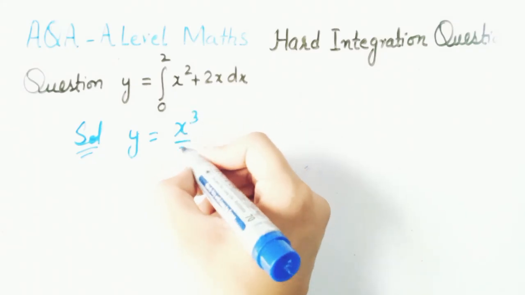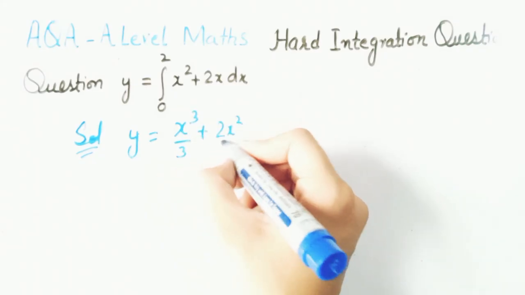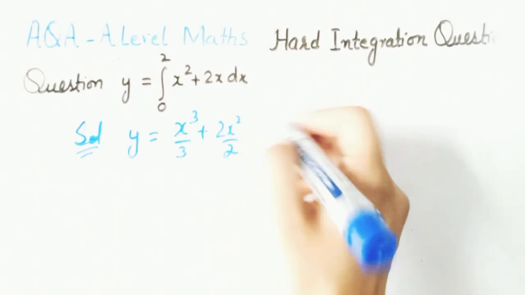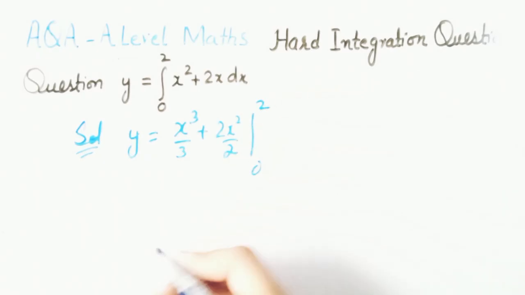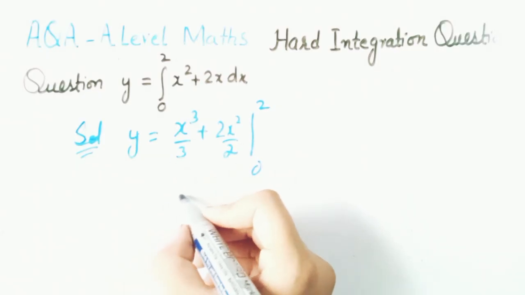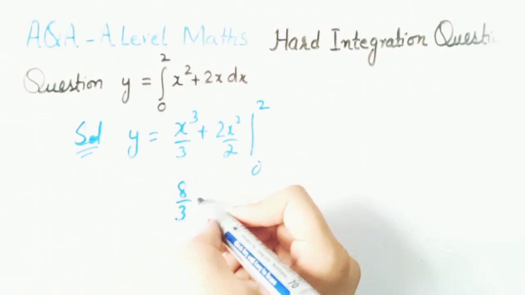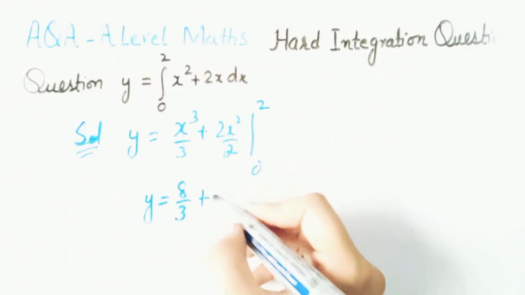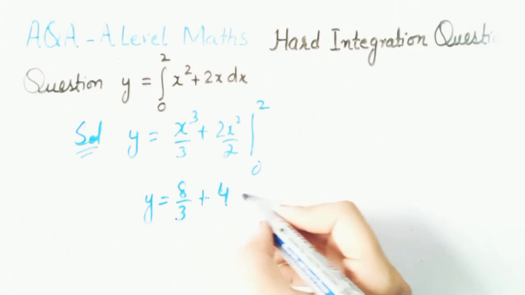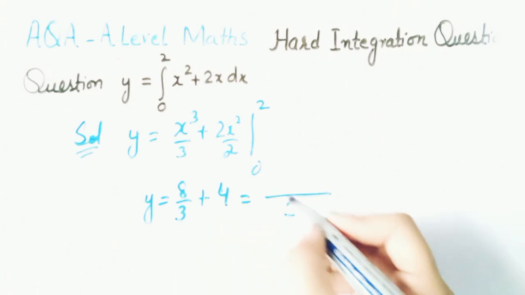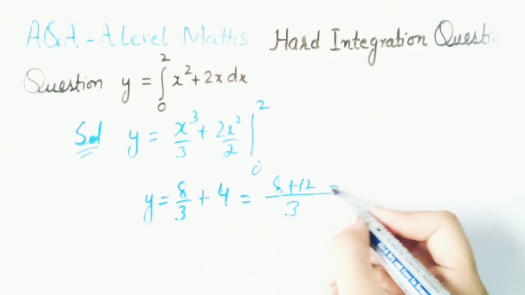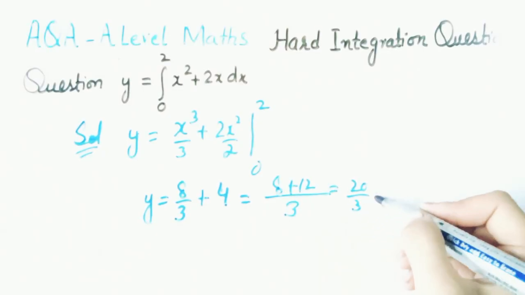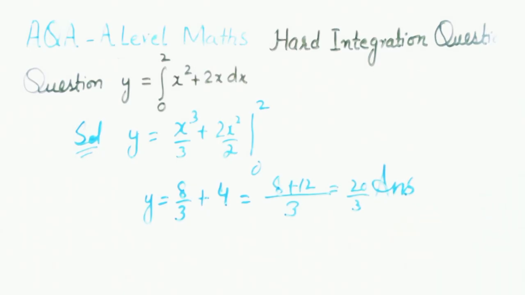This is x³/3 + 2x²/2, and the limits are given from 0 to 2. First of all, 2 is substituted, so 8/3, plus the 2 and 2 cancel out, so 2² is 4. The LCM will be 3: 8 + 12, 20/3. So y equals 20/3 is the answer.